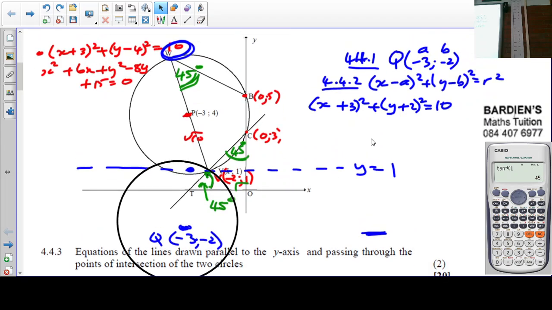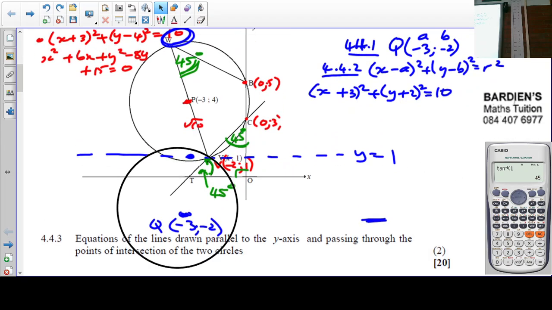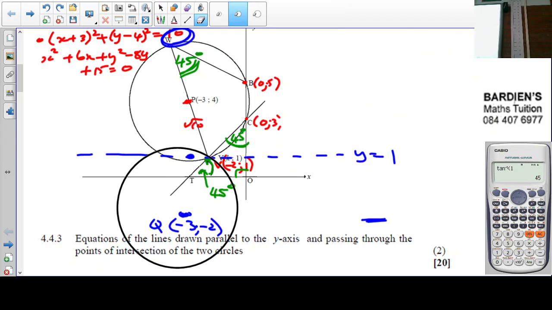And then in 4.3 the question says, let's change our color now again. So in 4.3 we are told that the equation of the line drawn parallel to the y-axis. So we're drawing a line parallel now to the y-axis. Okay?